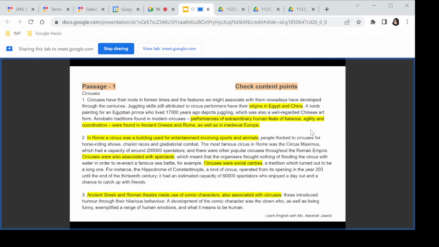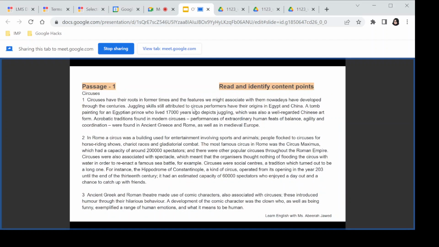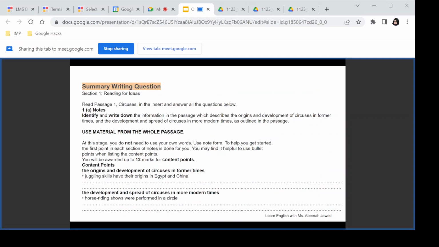Excuse me, miss. Won't we be writing about the most famous circus in Rome, the Circus Maximus? No, because it is not asking us about the particular name of a famous circus. Let's take a look at the question again. That is why I said we have to go back to the question again and again. It says the origins and development of circuses in former times.